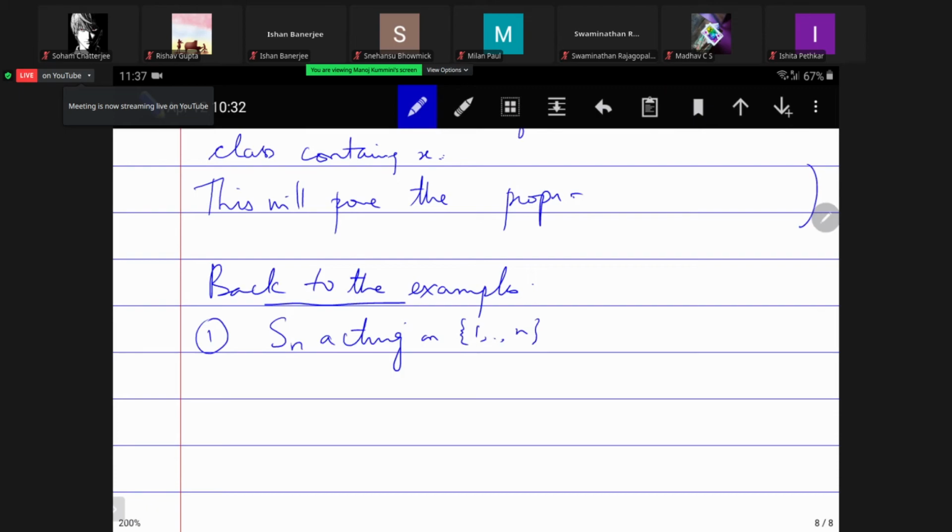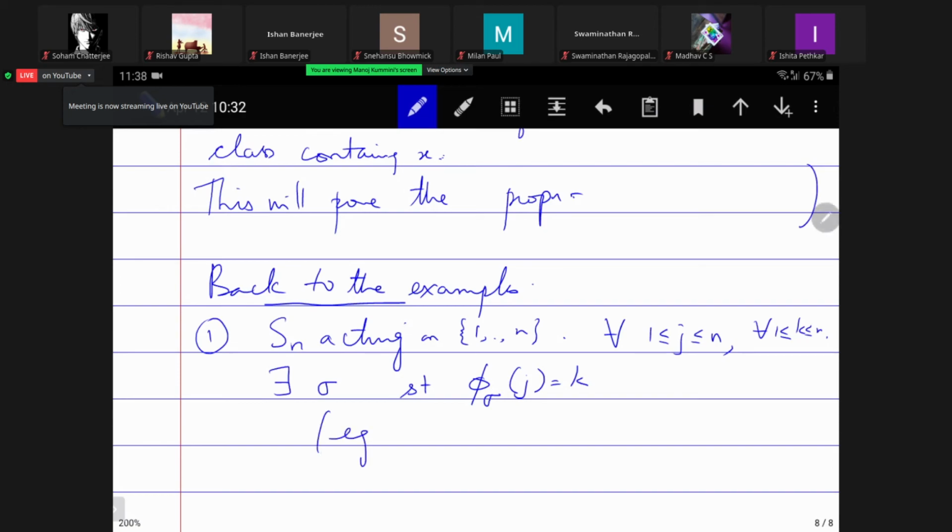For every element j and for every k, there is a permutation which sends j to k. For all 1 less than or equal to j, k less than or equal to n, there exists a sigma such that phi sigma of j is k. For example, take the transposition which transposes j and k and fixes everything else. That would satisfy this condition.